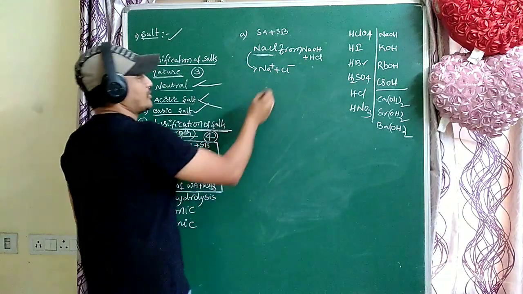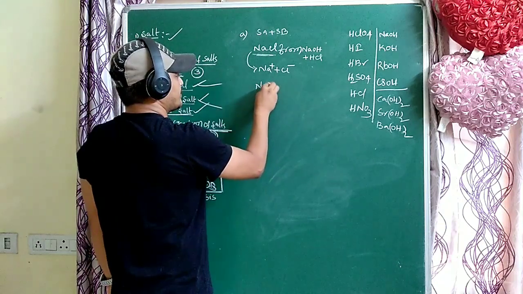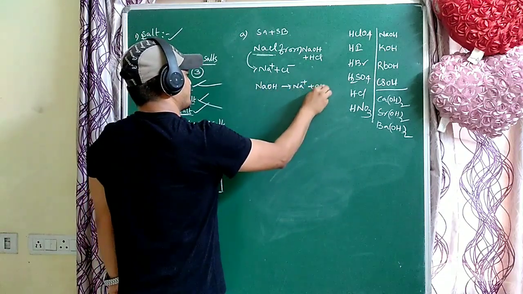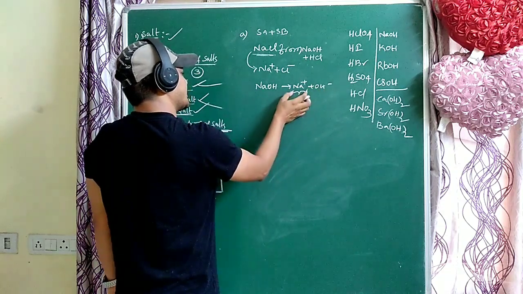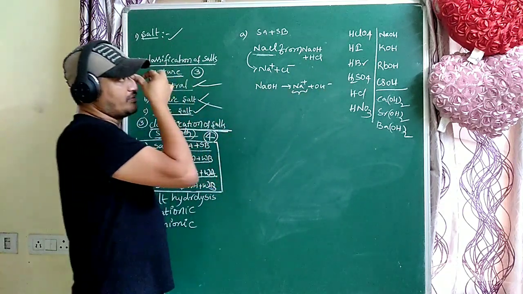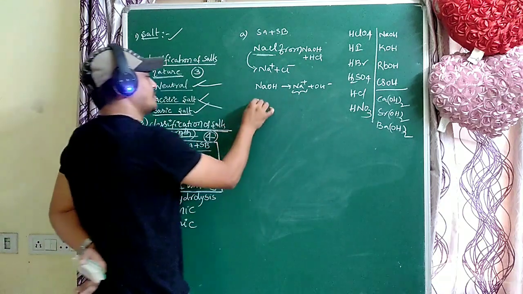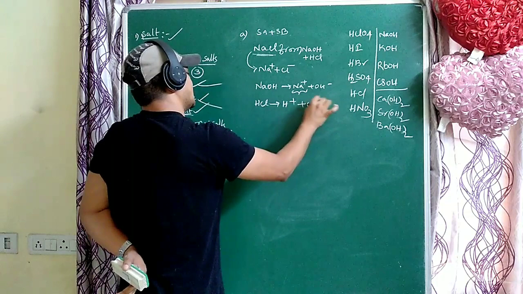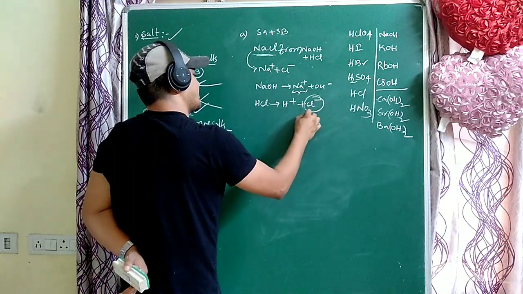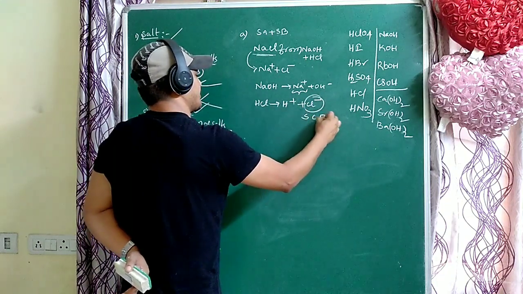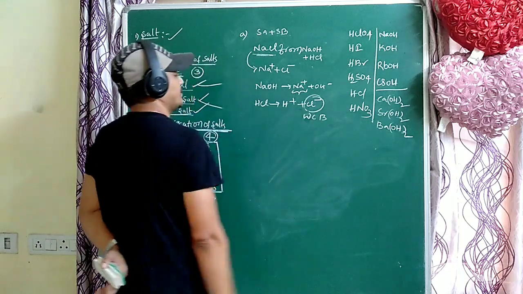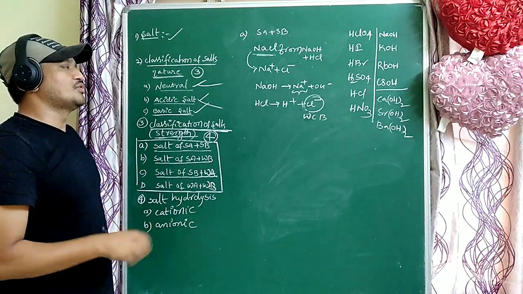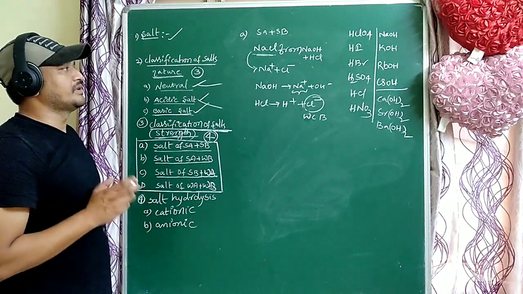NaOH is a strong base producing Na plus and OH minus, and Na plus is a very weak conjugate acid. HCl is a very strong acid giving H plus and Cl minus, and here Cl minus is a weak conjugate base. So how to identify? It is very easy.